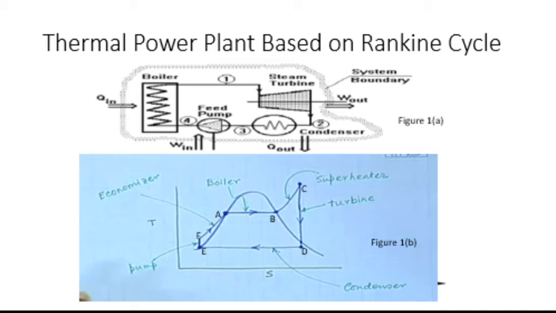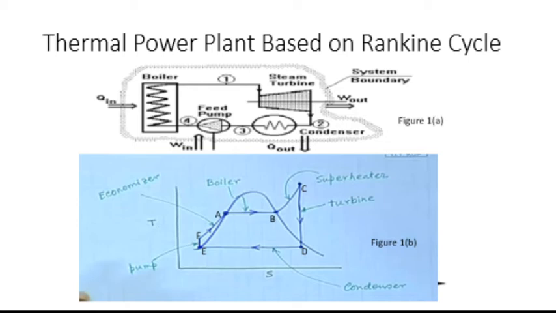So we have three portions: liquid, then inside the dome liquid plus vapor, and outside the right hand boundary, steam. Where the economizer is written, the area is liquid, and inside the dome it is liquid plus vapor.